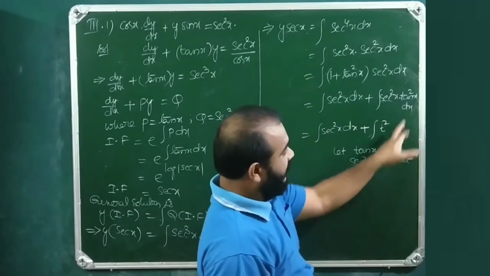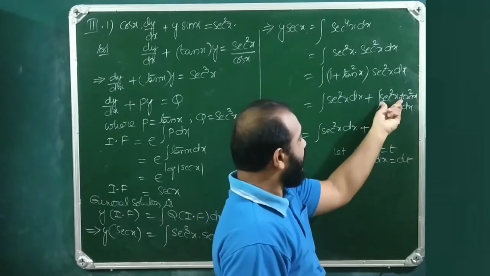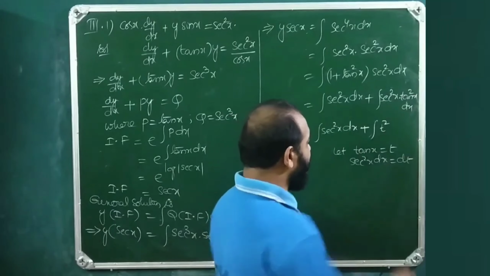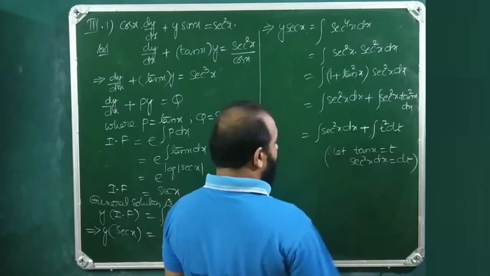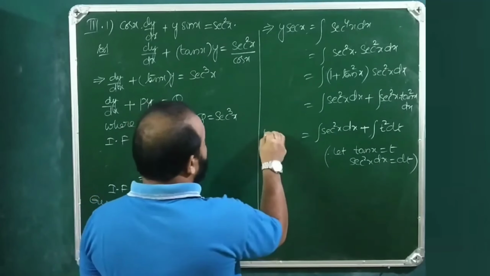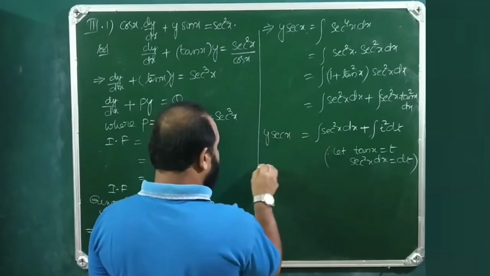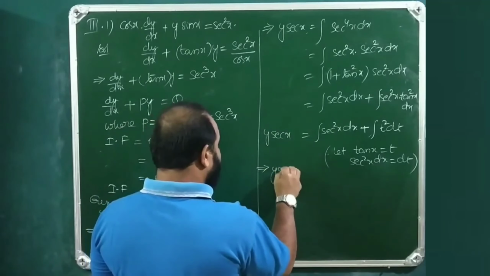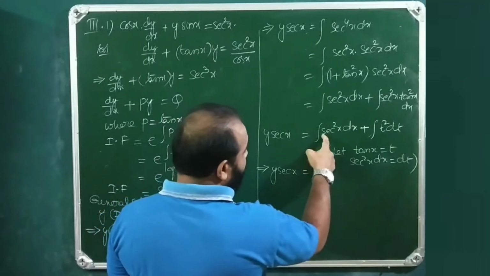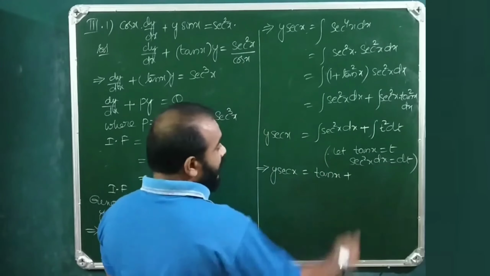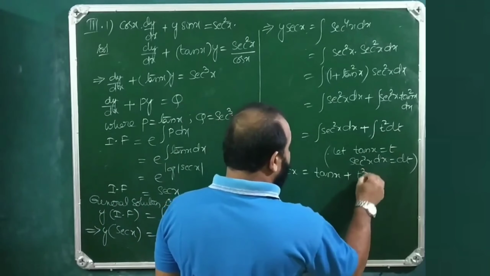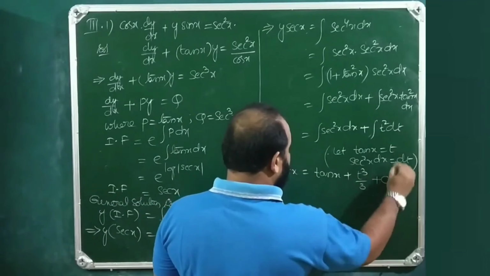Tan x is t, tan square x is t square, secant square x dx is dt. So now y secant x is equal to the integral of secant square x dx, which is tan x, plus the integral of t square dt, which is t cube by 3, plus the constant of integration c.